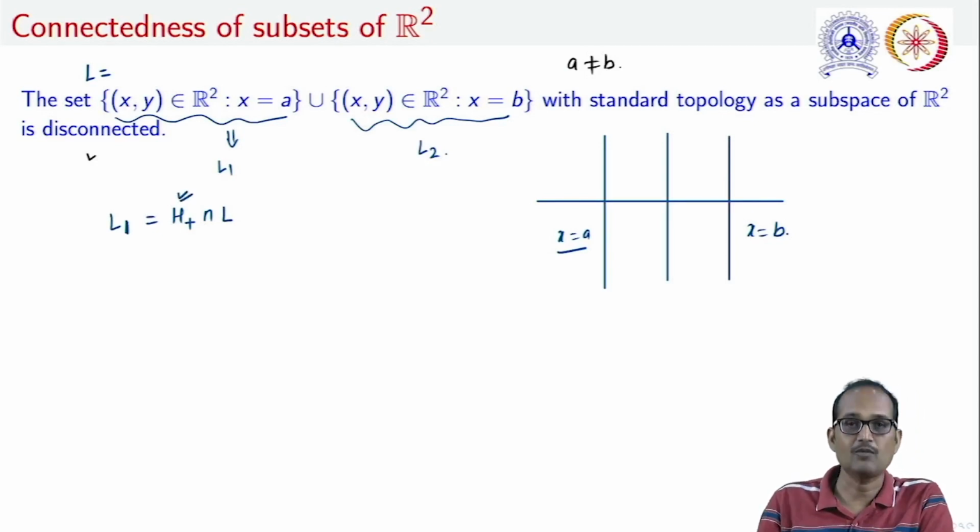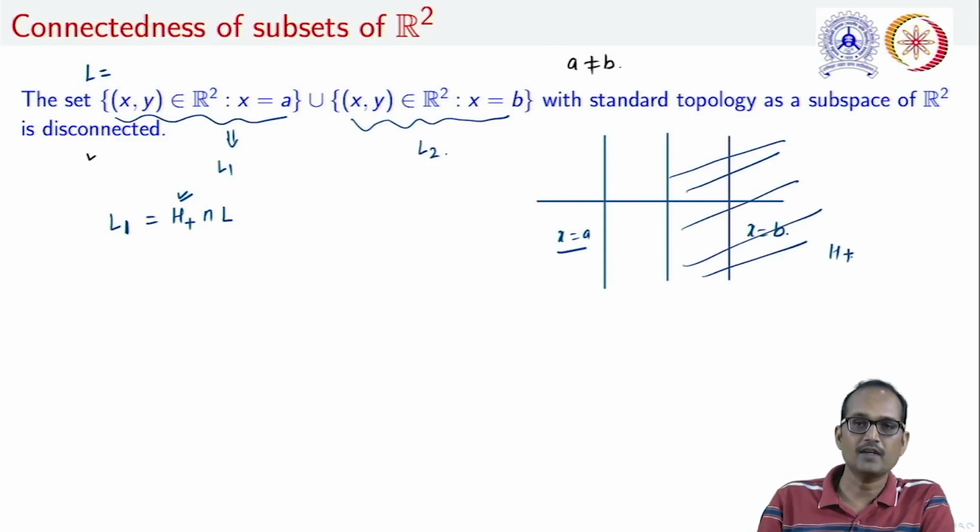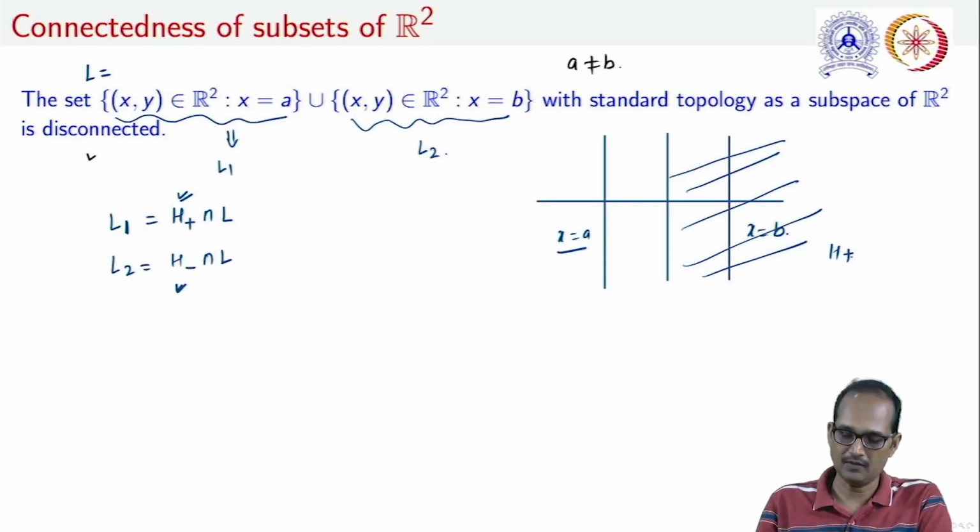We have already studied that this is open right half plane, that is this plane. This is actually H plus. So L1 can be expressed as H plus intersection L, and L2 can be expressed as H minus intersection L, and this is left half plane.